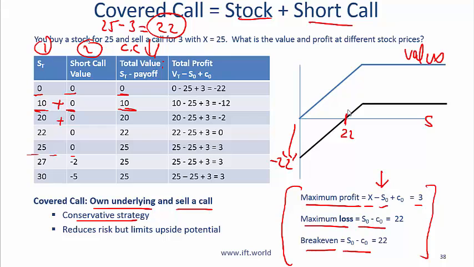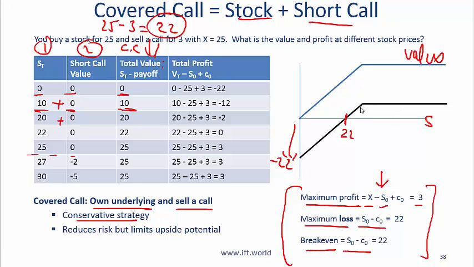Obviously, if the stock goes down a lot, you lose, but you will always have that cushion of $3 if the call was sold for $3. So that's why it is a conservative strategy. Even if the market goes down a little, you don't lose much. If the market goes up, you gain something, but the problem is that if the market goes up a lot, you don't gain a lot.